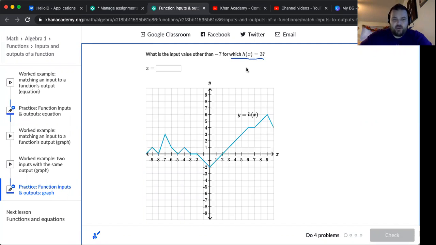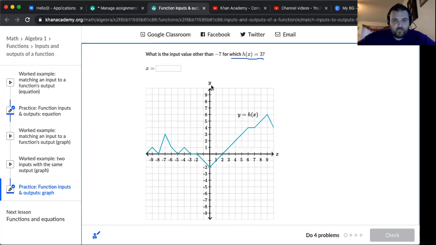They're asking for the input value, which means that we need to first start with the output and work backwards towards the input. h of x equals 3. Whenever you see something like this, what they're saying is that the h function for some unknown input, which we're going to call x, produces an output of 3. They're telling you the output is 3, and it's your job to figure out what is the input.